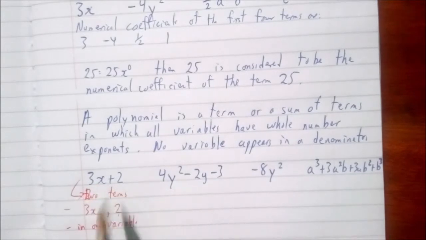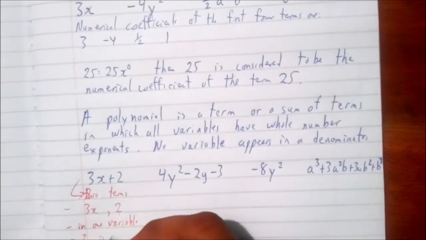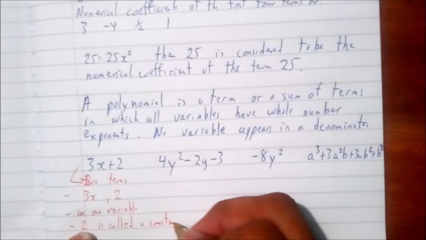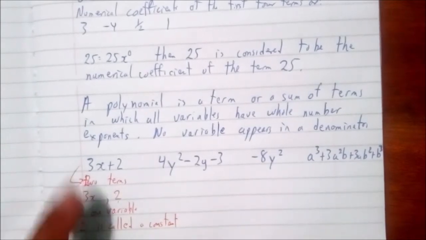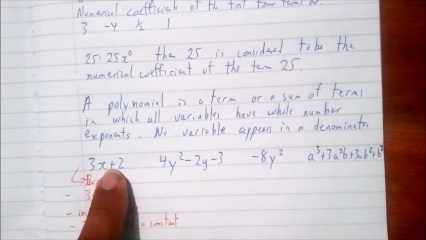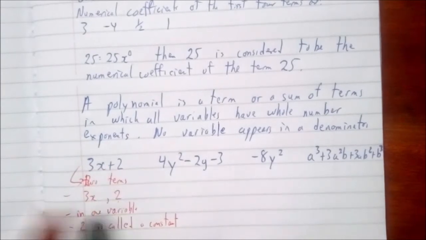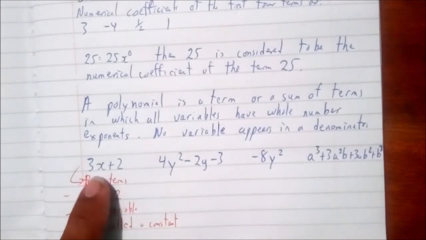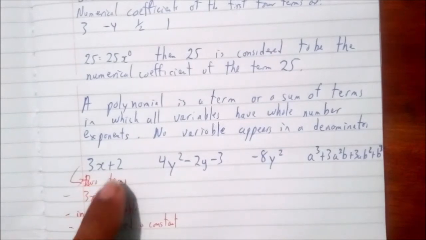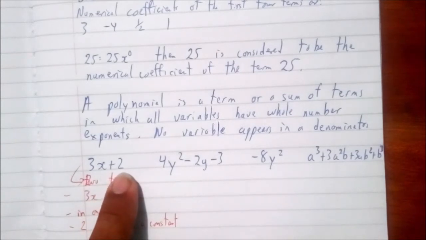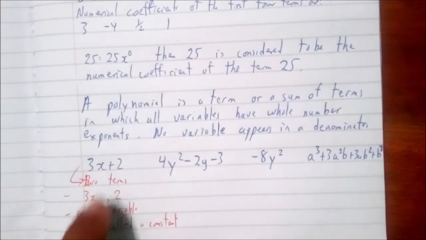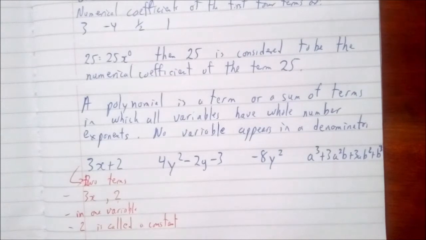So let's break this one apart. 3x plus 2 is considered a polynomial that has two terms, 3x and 2. We say it is a polynomial with one variable because there's only one variable here, and a number is called a constant, which is this 2 here, and it is the last term in this polynomial. So 2 is considered a constant term because it is just added on to the expression.